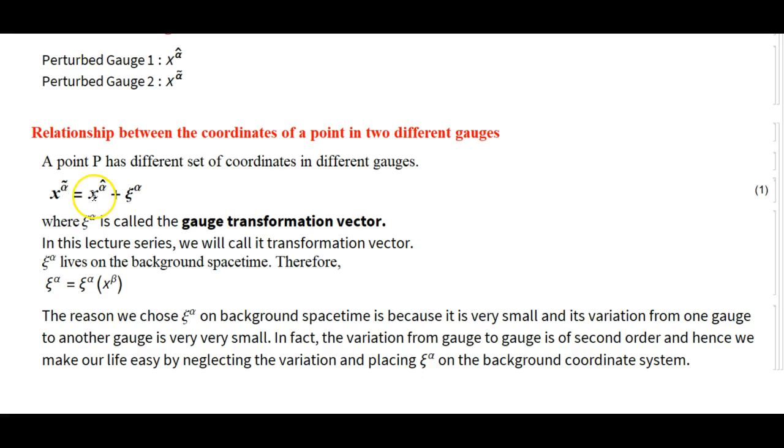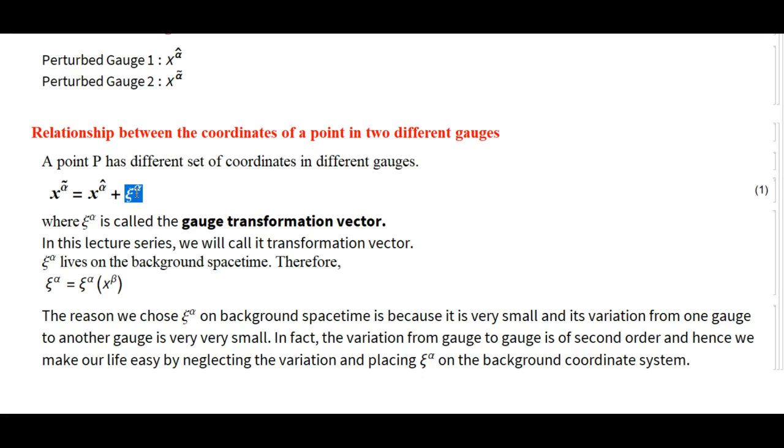These two perturbed gauges are very close to the background gauge. So the perturbation in the coordinates is very small. Hence the values of this vector are very small.